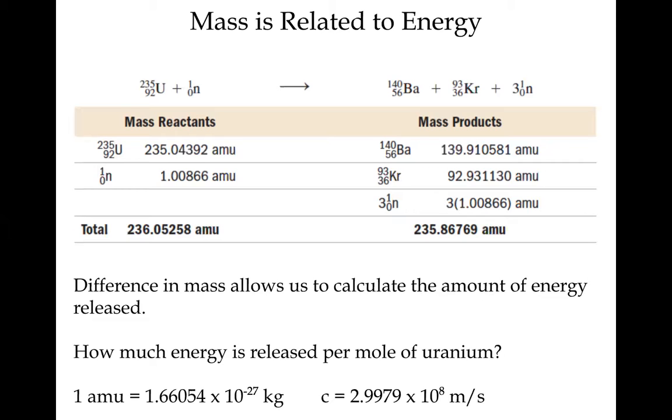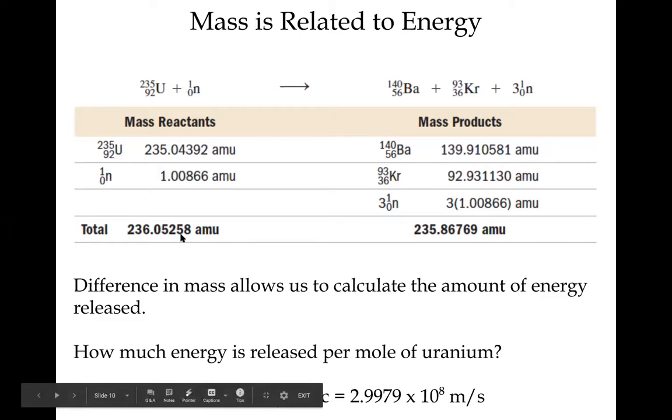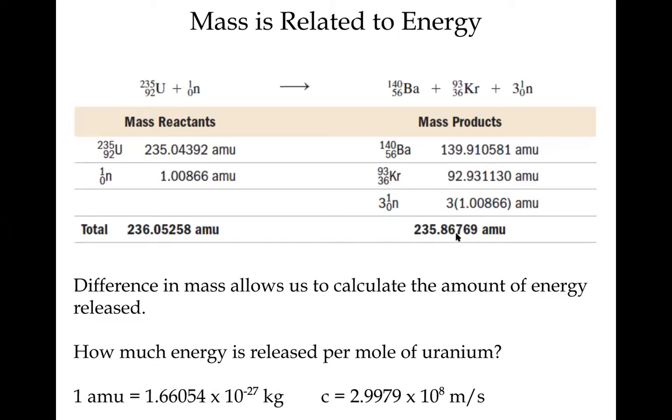To do that, you have to look at the AMU of, in this case, uranium, which is 236.05258 and 235.86769. You subtract those two, and that gives you the mass defect in AMUs. But of course, we want to now convert it to mass, because E equals mc squared.